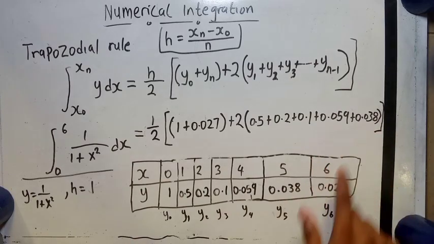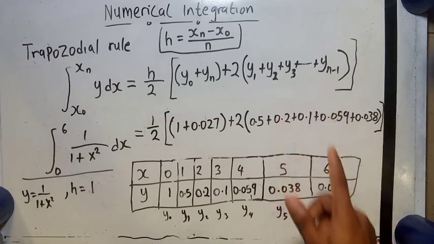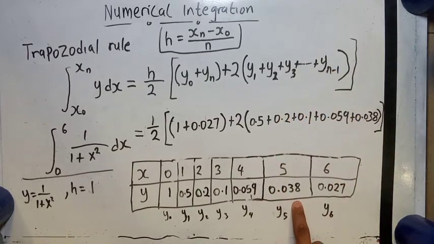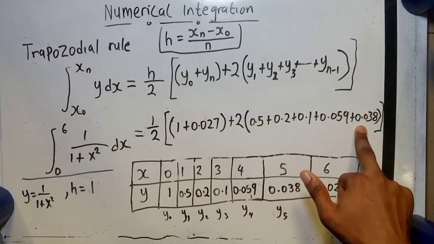Guys, why do we stop here? We are stopping at the second to the last number. That's the meaning of this n minus 1, second to the last number, which is this. So if we had more numbers, we'd continue until we get to the second to the last one. So we'll stop here.